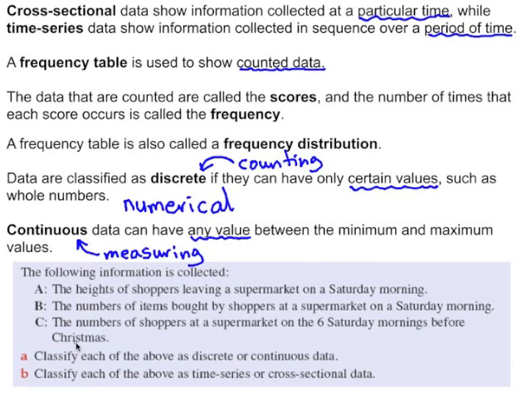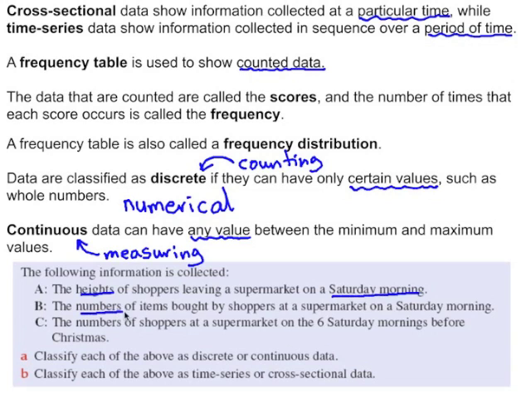So we have 3 scenarios here, and for each of A, B and C, I'd like you to think about whether the data collected will be discrete or continuous, and time series or cross-sectional. The first one is the heights of shoppers leaving a supermarket on a Saturday morning.